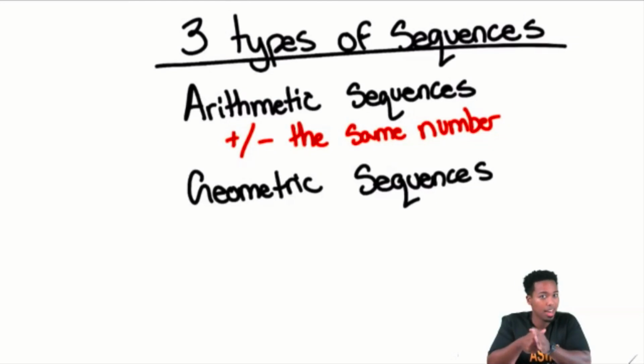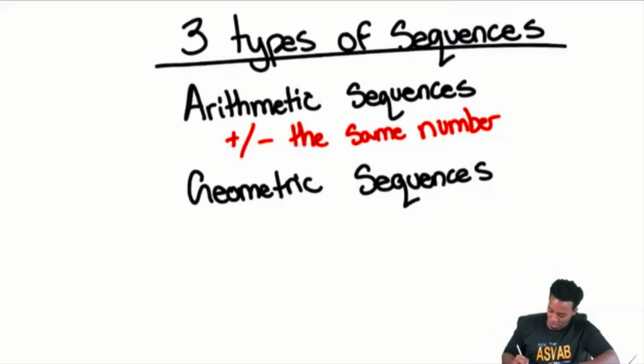That is not the actual case. A geometric sequence is simply a sequence that is found with multiplication and division. That's it. So arithmetic is addition and subtraction, geometric is multiplication and division. Again, we're multiplying or dividing the same number.